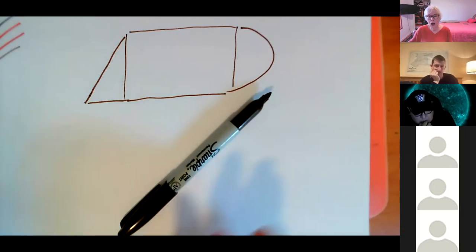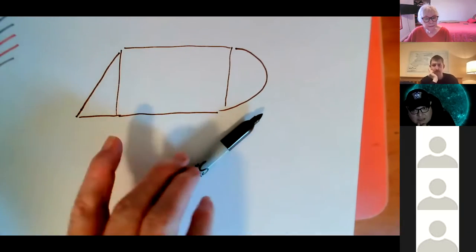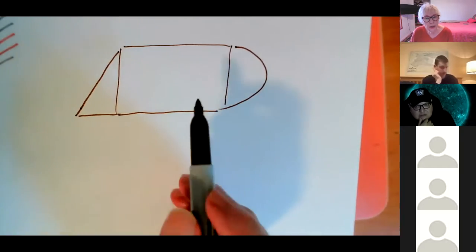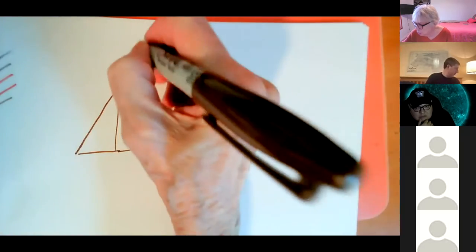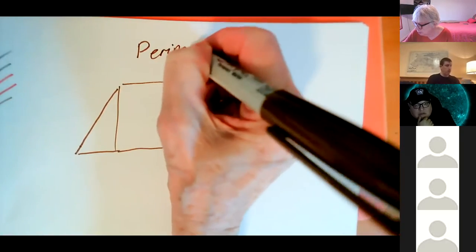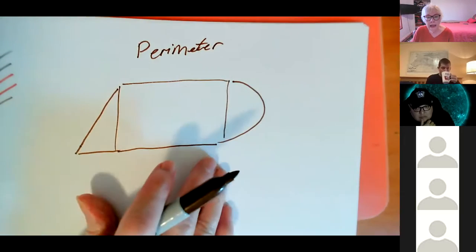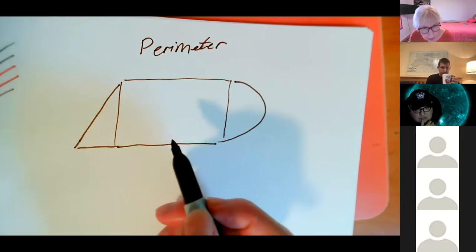Okay, so I'm going over and we'll look at that. The instructions were to find the perimeter. And so they must have given you some numbers.